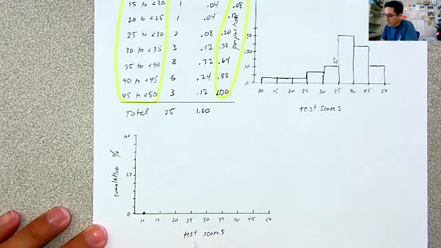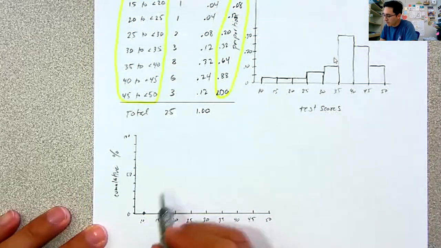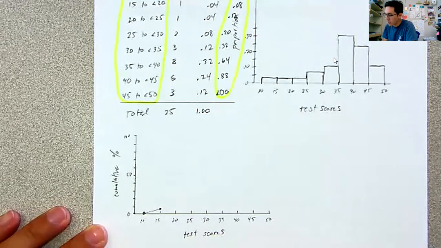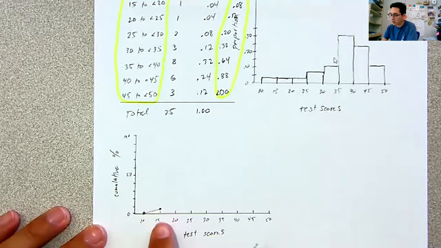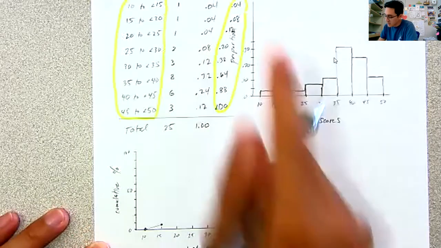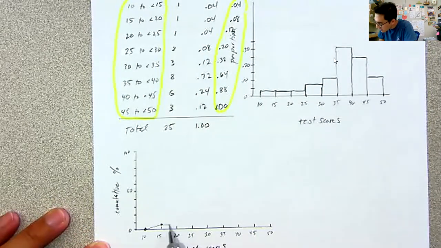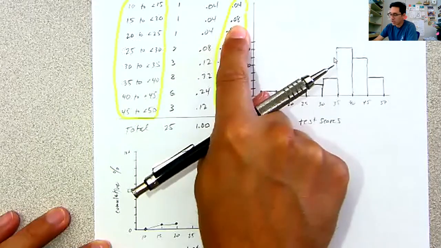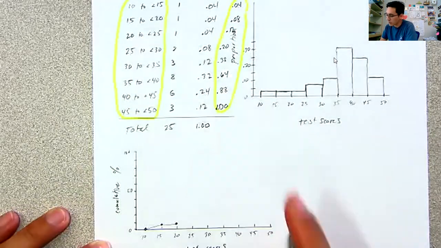But then we're going to jump up to 4%, because we know 4% of the class scored under 15 points. And then we're going to go up to 8, because we know a total of 8% of the class scored under 20 points.